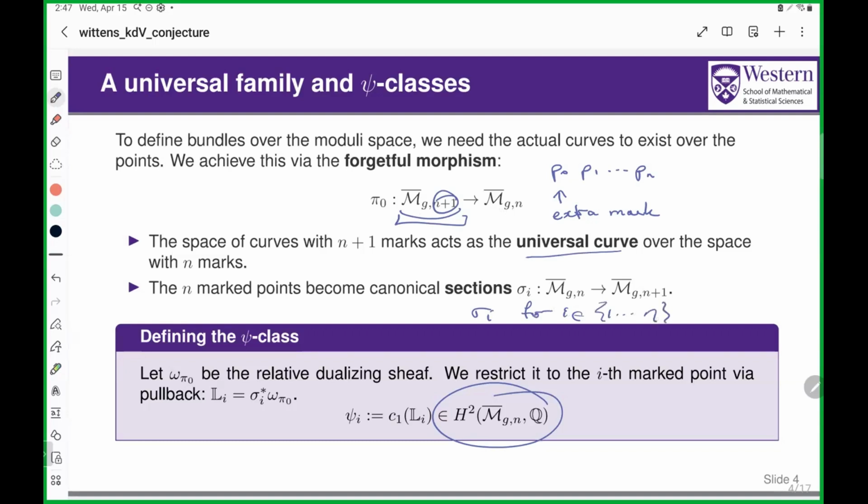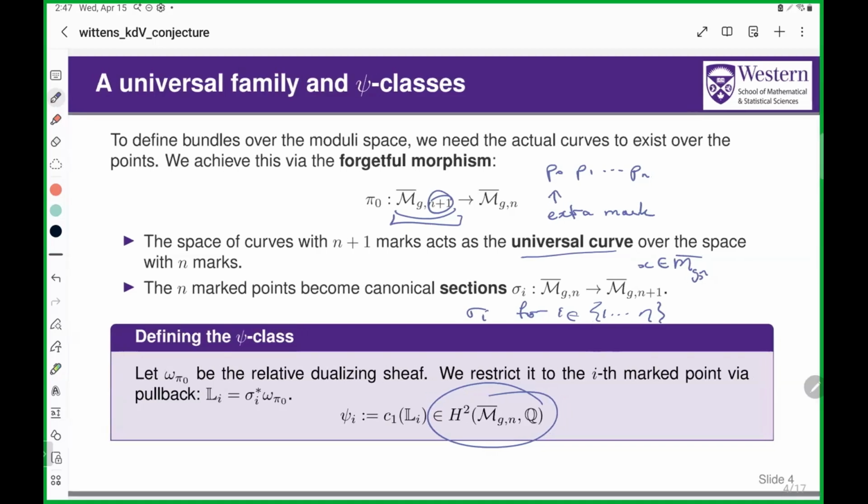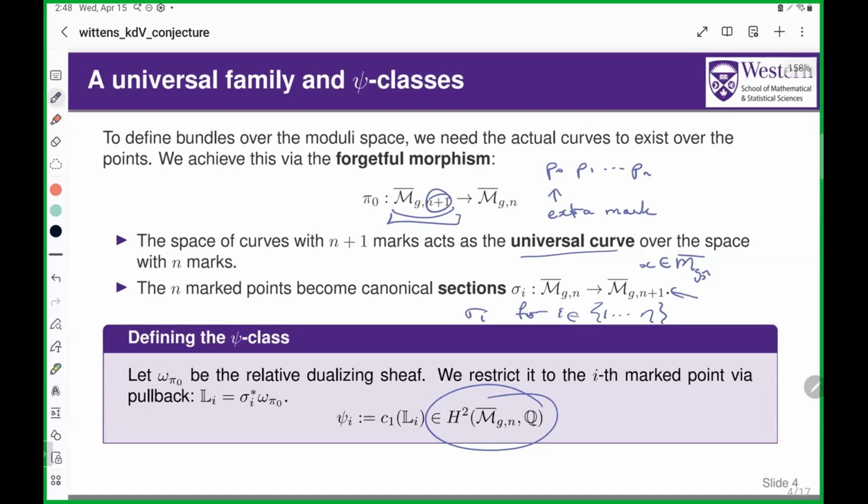What they are is you pick a point in the compactified moduli space, you find a curve, and you find its ith marked point. So there are n of them, and you'll get n of these sections. Each curve, you assign to it its ith marked point.